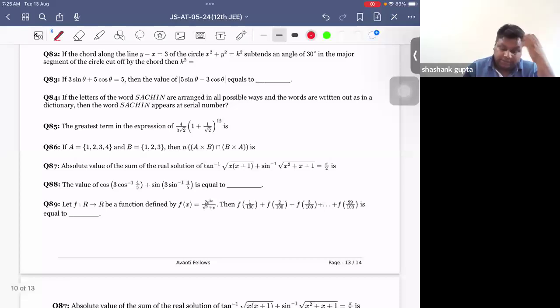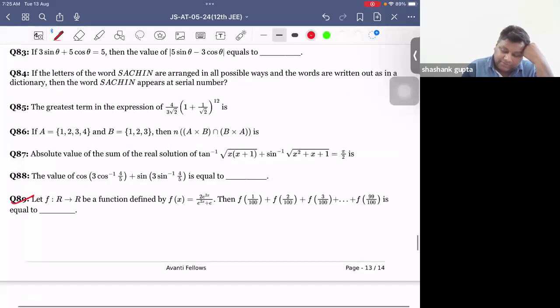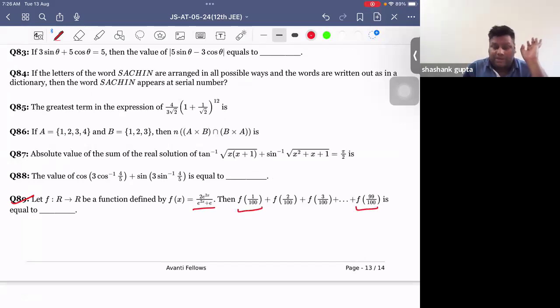here in this question like this, 89. f(x) is given as this. See, f of 1 by 100 plus f of 99 by 100 will definitely be having a correlation. That means f(x) plus f of 1 minus x.